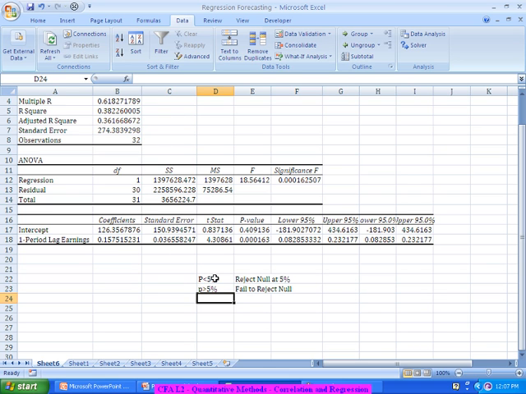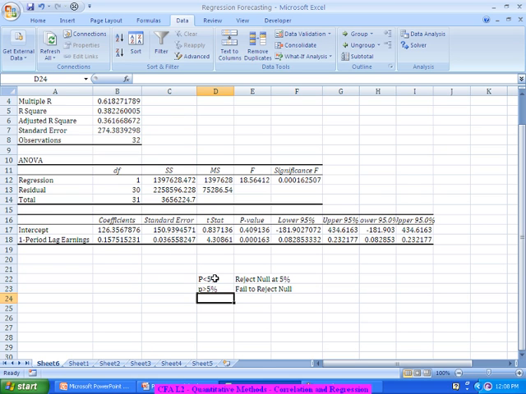Or if my level of significance is 0.01% and below, either way you can look at confidence or significance. Then I will accept the null hypothesis. Otherwise I am rejecting the null.